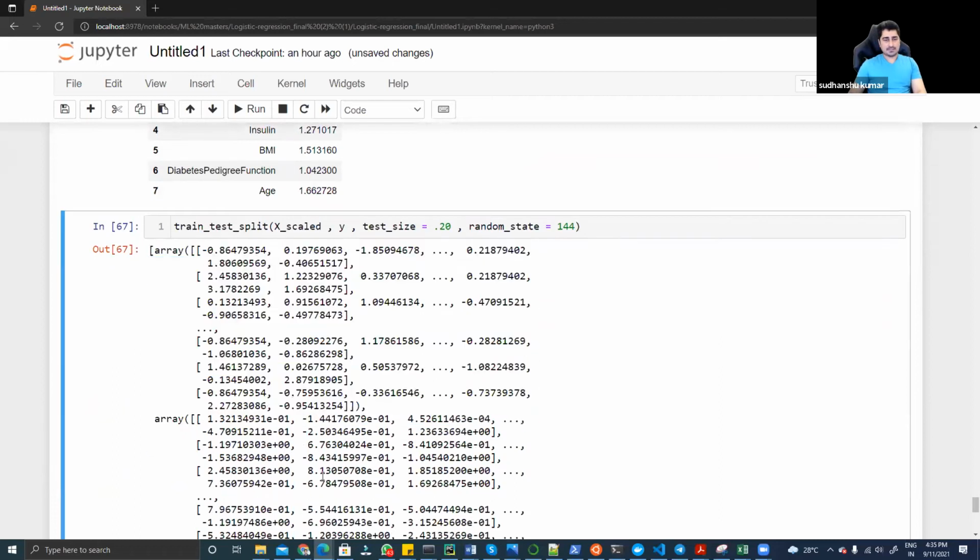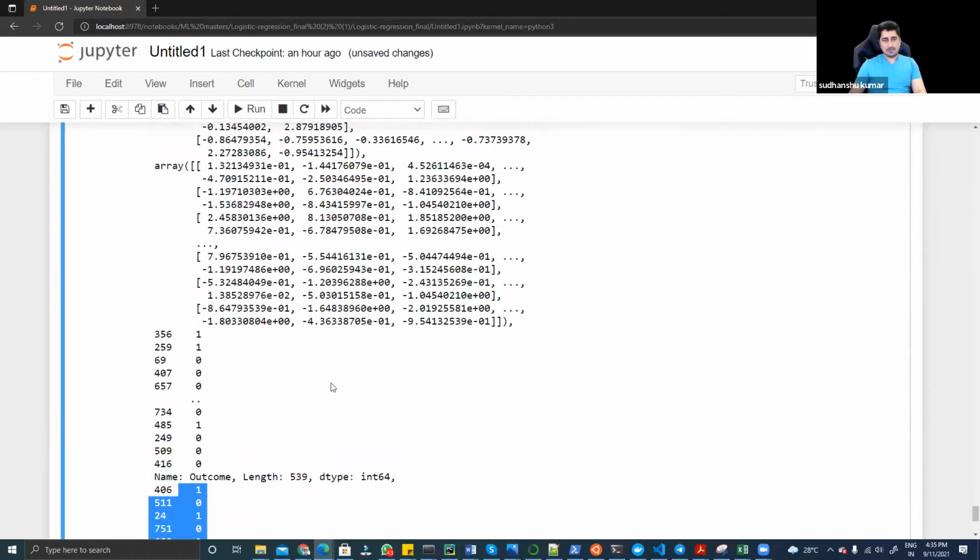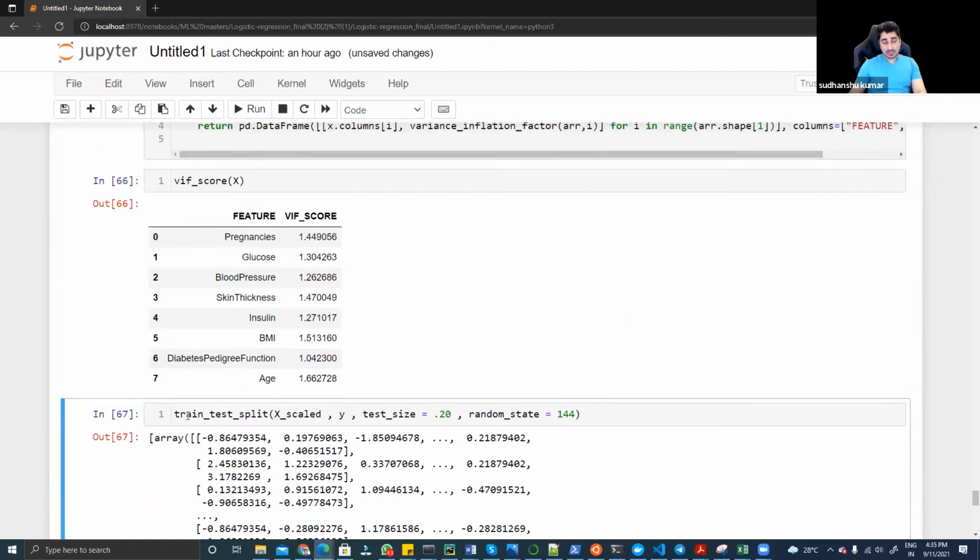So X train, X test, Y train, and Y test. This is something that we are able to receive, an 80 to 20 ratio in which I'm trying to divide the data. It is going to give me four data sets as a return, in a tuple, as you can see.